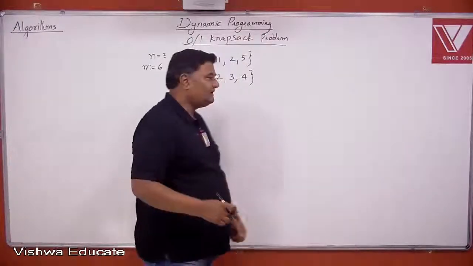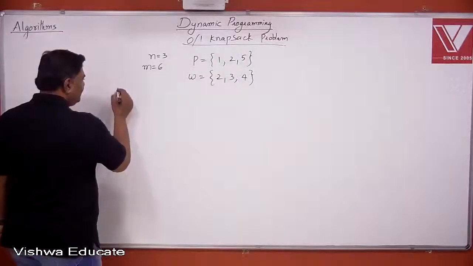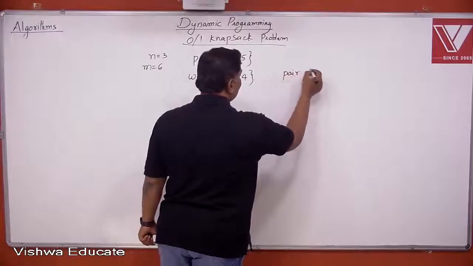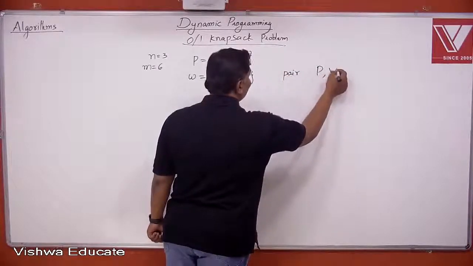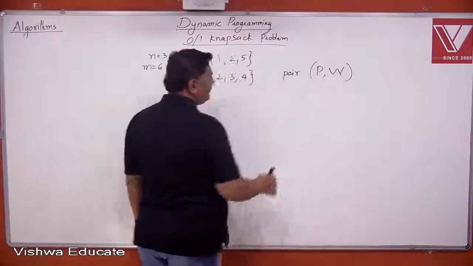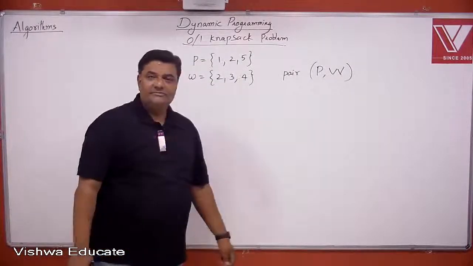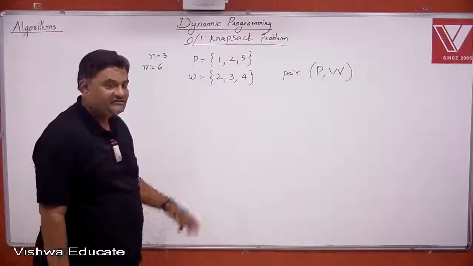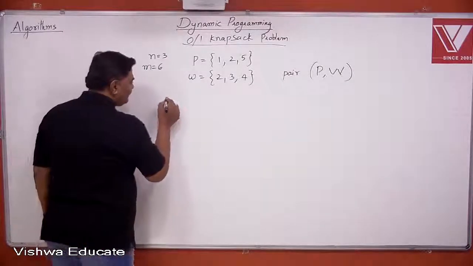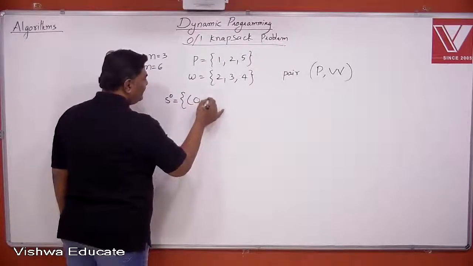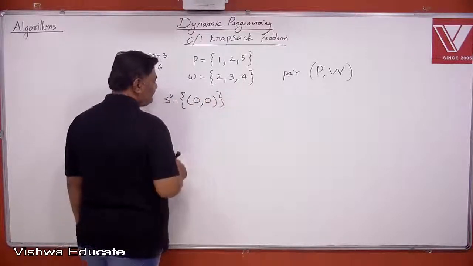How to try that is we will make a pair of profit by weight. Now I will directly show you the procedure to solve this. Just watch. First of all, we make a set with no profit and no weight, nothing at all.